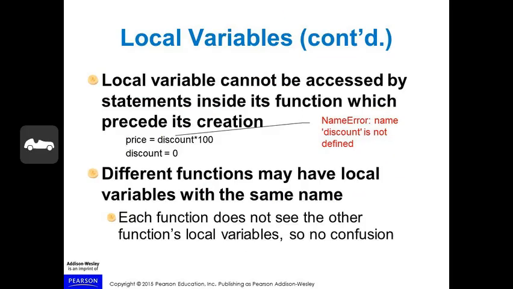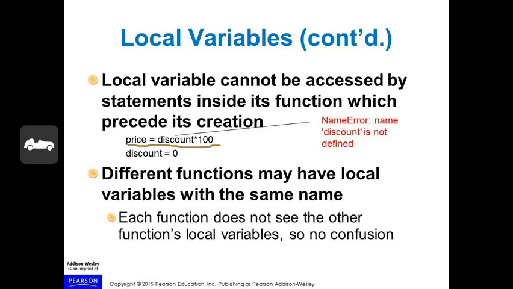In addition, a local variable cannot be accessed by code inside the function at a point before the variable has been created. So, for example, price equals discount times 100.